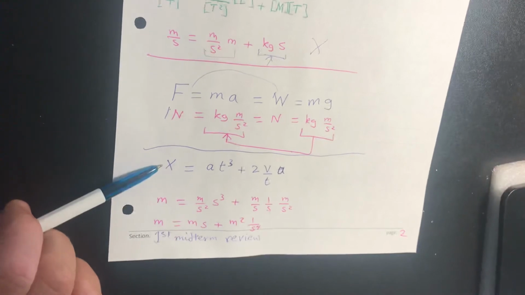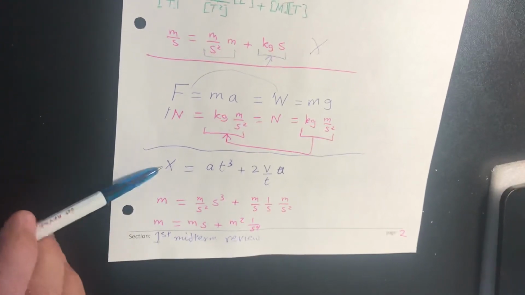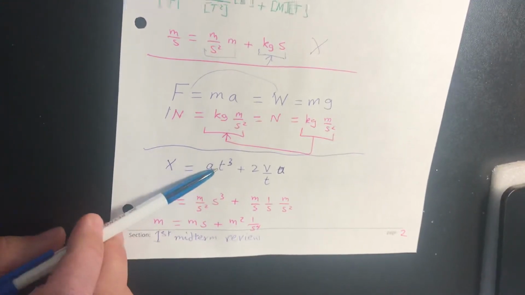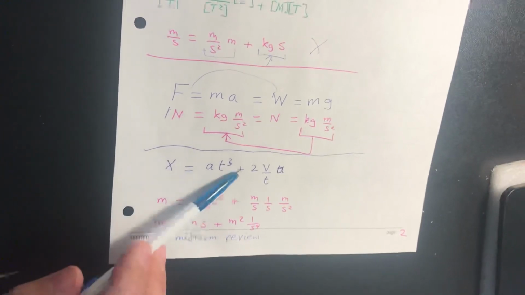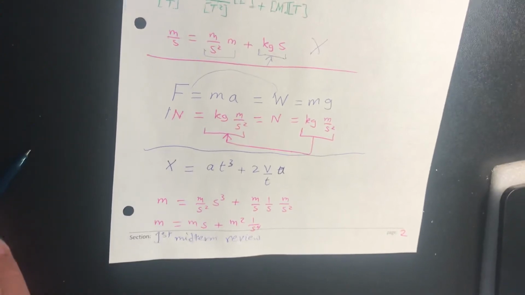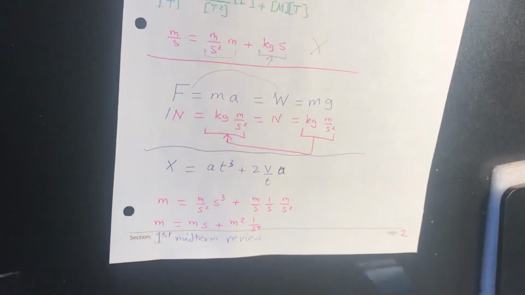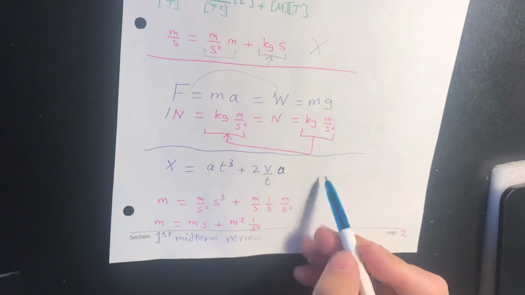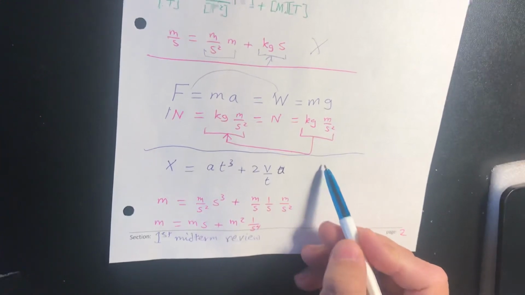What about this one? We have x equal to at cubed plus 2v over t multiplied by the acceleration a. We don't know if this equation is right in mathematics.